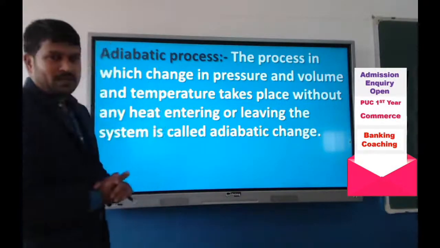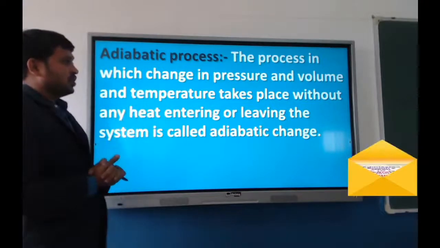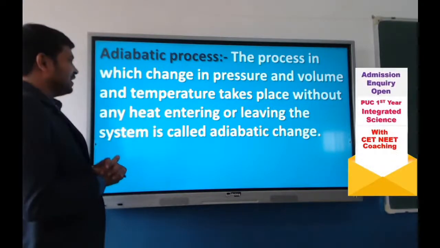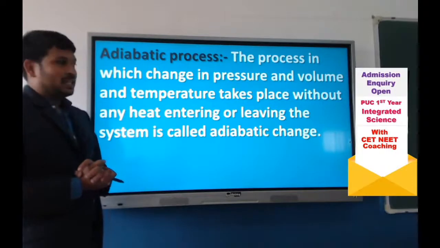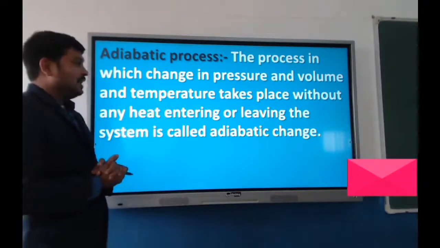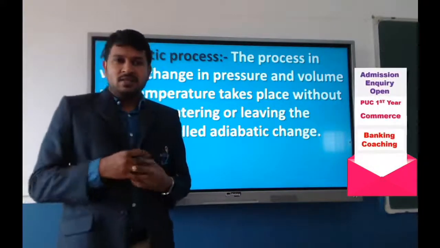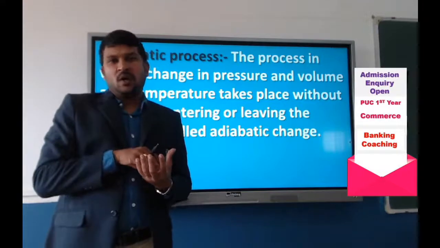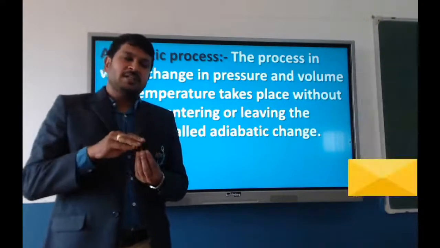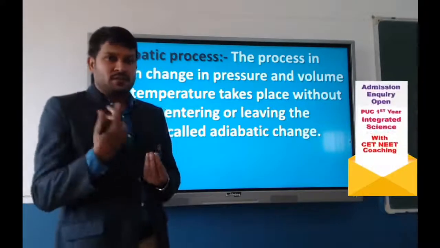In the adiabatic process, the pressure, volume and temperature change takes place without any heat entering or leaving. Consider a thermos. If I put hot tea in it, the heat can't exit to the surroundings.